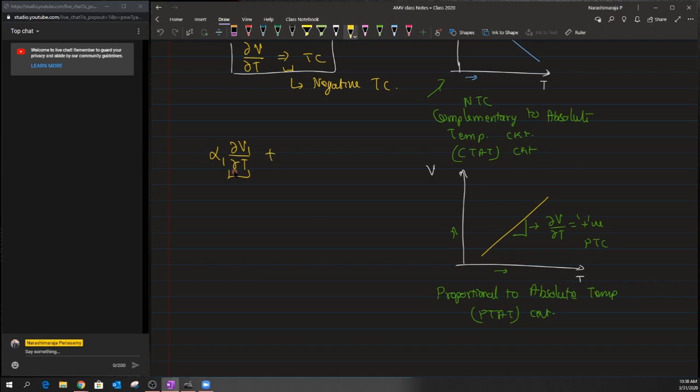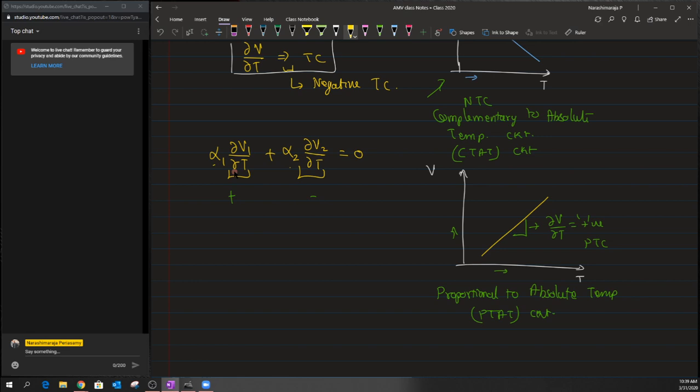I also take one more voltage source which has the exact opposite temperature coefficient to that of my V1, and we add both these temperature coefficients. Say I have a positive temperature coefficient here and a negative one there, and the slopes may or may not be equal, right? In such a situation, I need to apply weighing factors alpha 1 and alpha 2, such that when we add them together, it returns a factor of 0, right?